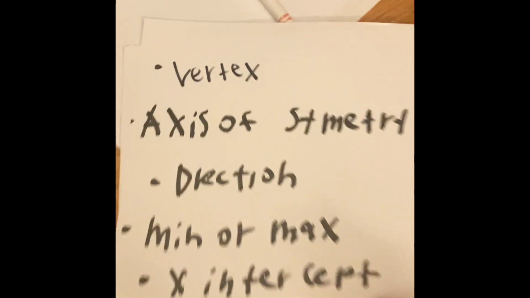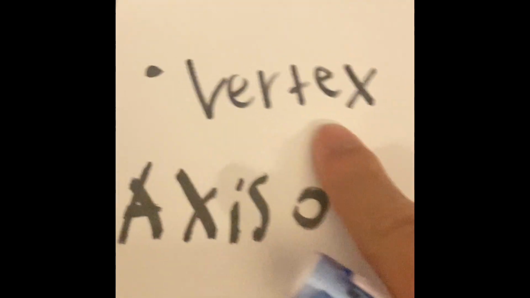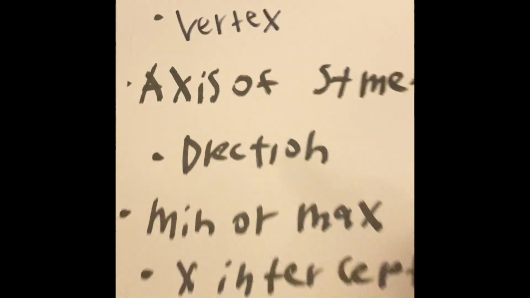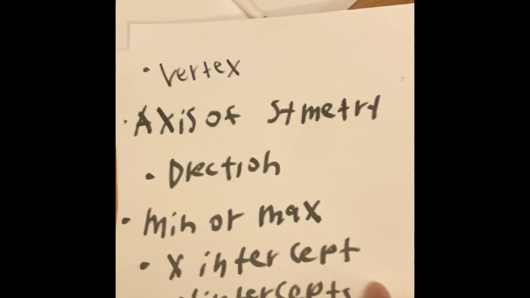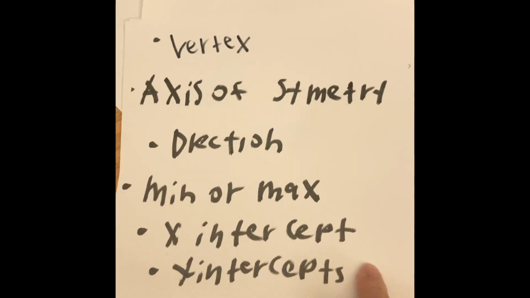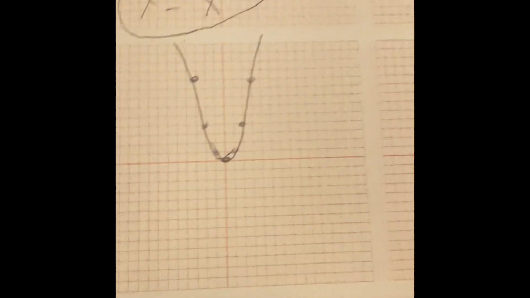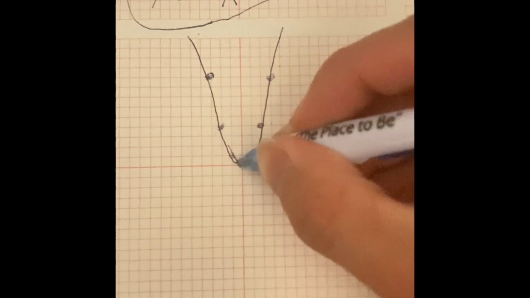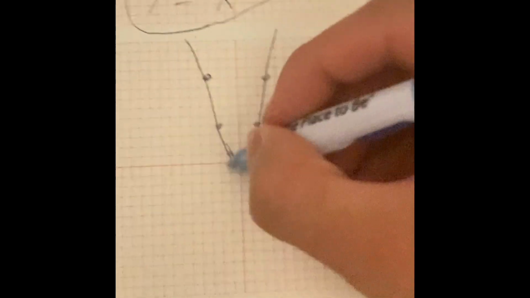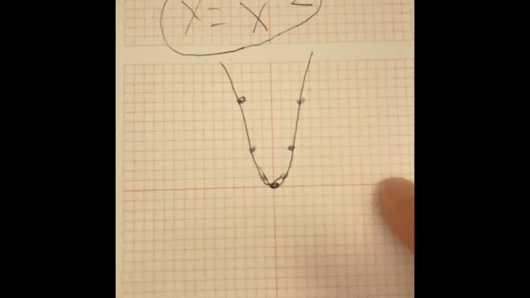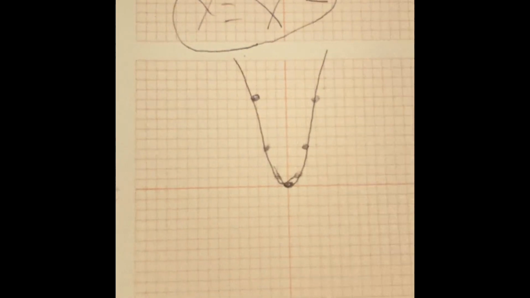So let's try and look at the vertex. The vertex is one of the first things you do when you try to understand a quadratic curve. And when you find that vertex, it's right there at the tippy curve point where the two lines, this straight line and the curve, meet.